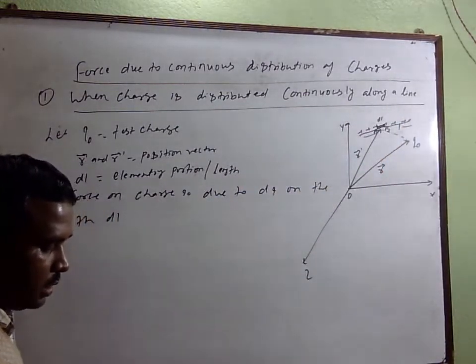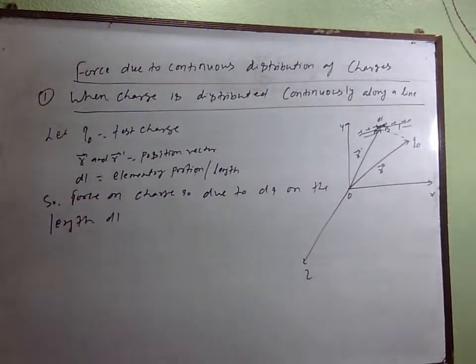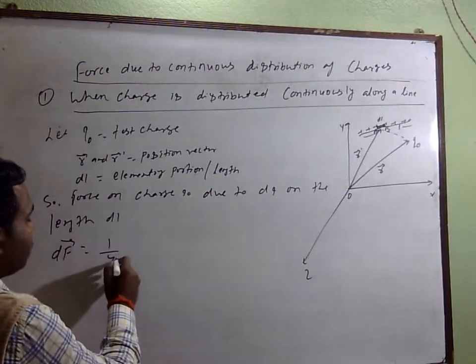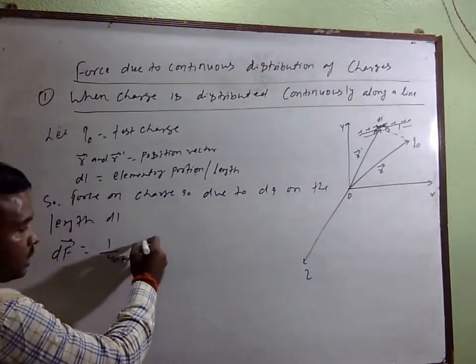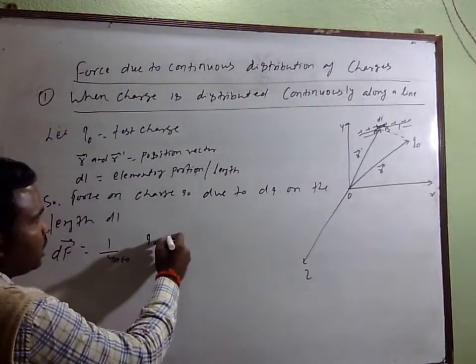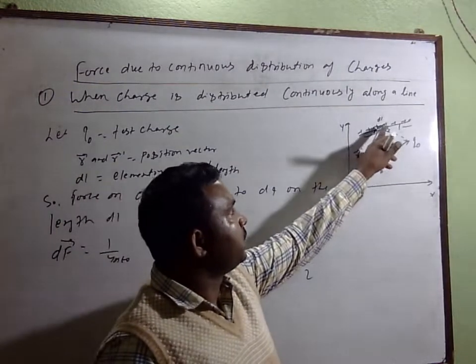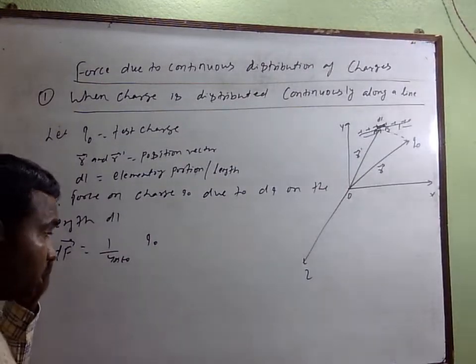On the length dl. So what will you write from Coulomb's law in vector form? You will write dF equal to 1 by 4 pi epsilon naught, q1 q2 by r square. So q1 is q naught, and here you will take dq, but you have to find the value of dq.